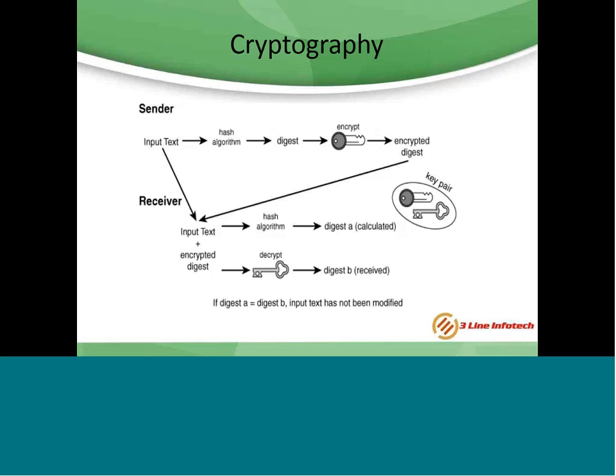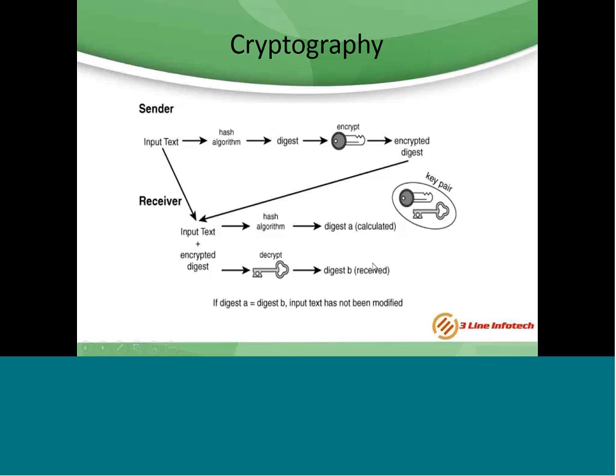Same way on the receiver side. On the sender side we have the public key, and on the receiver side we are going to have a private key. It will take the incoming message and apply the decrypt key, and it's going to create again a hash value, digest B. So digest A is what we got from the client, and digest B is what we generated on the server side.